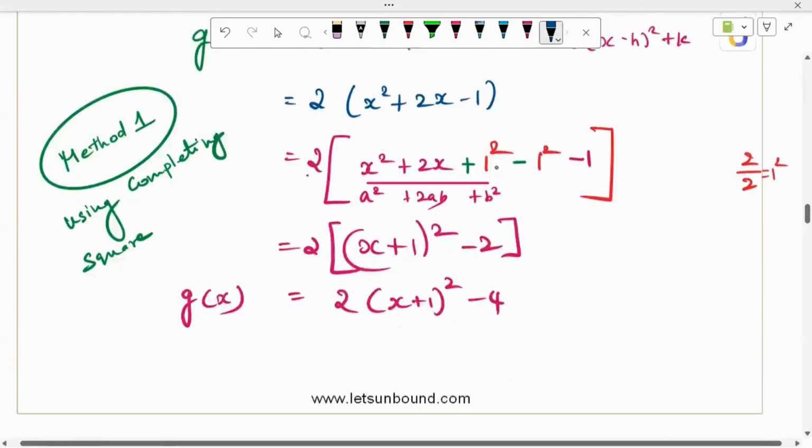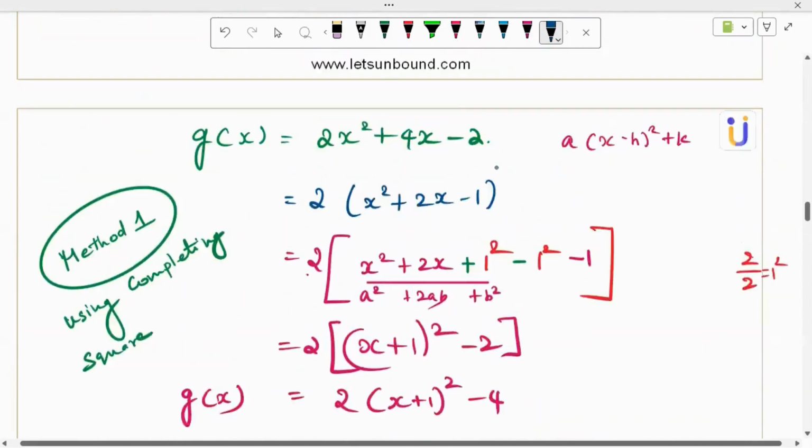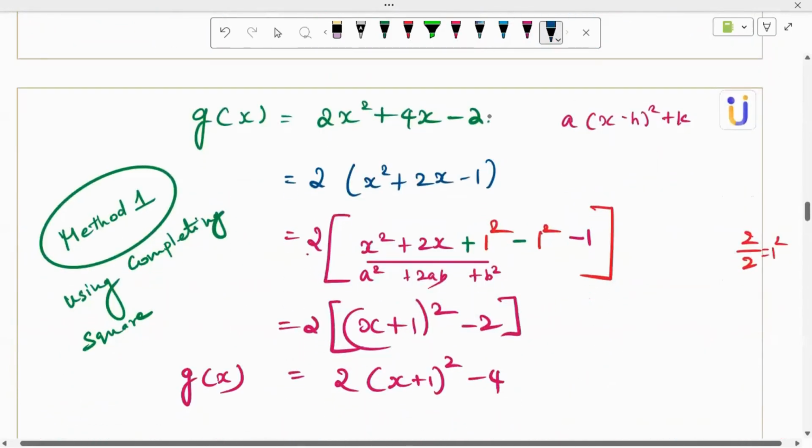Now, next part, method 2. It will be very similar to that.